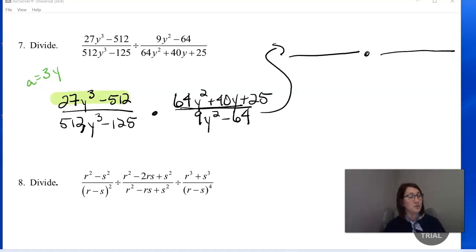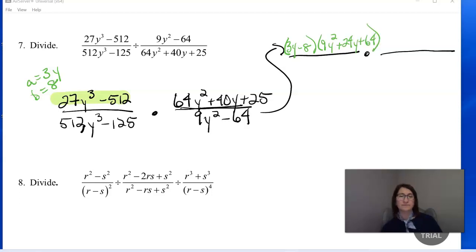Then for the 512, that one is going to be 8. So the cube root of 512 is just simply 8. All right, so this is going to give me 3y minus 8 times 9y squared plus 24y plus 64.